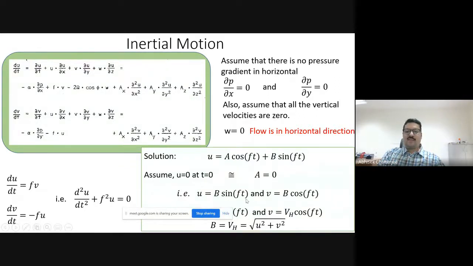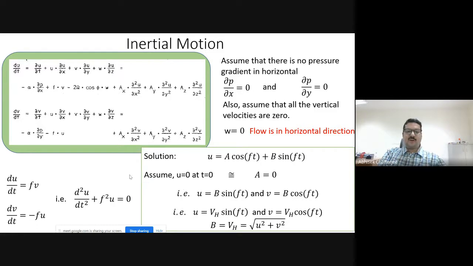If we solve that, we see a solution like this: u is a function of sine, v is a function of cos, which depends on time and the Coriolis parameter f. It means that, due to the Coriolis parameter, it will rotate either to the right or to the left, depending upon which hemisphere you are in. So basically, we will have a rotational velocity.